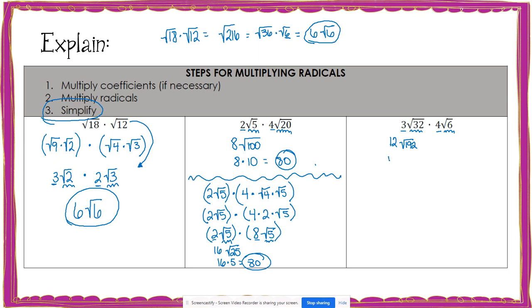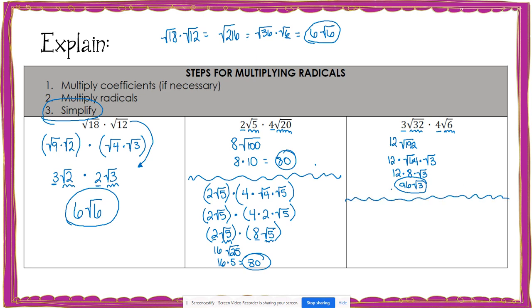So this can be rewritten as 12 times the square root of 64 times the square root of 3. We know that the square root of 64 is 8, so it's really 12 times 8 times the square root of 3. 12 times 8 is 96, so our solution would be 96 times the square root of 3.